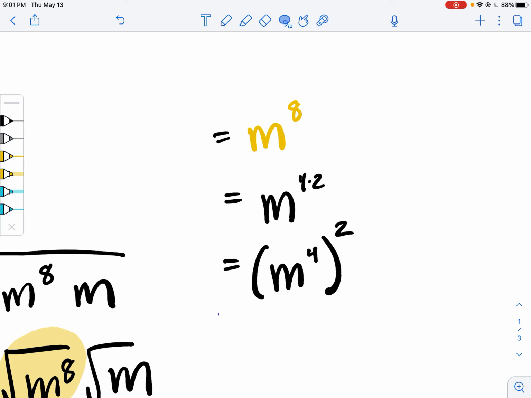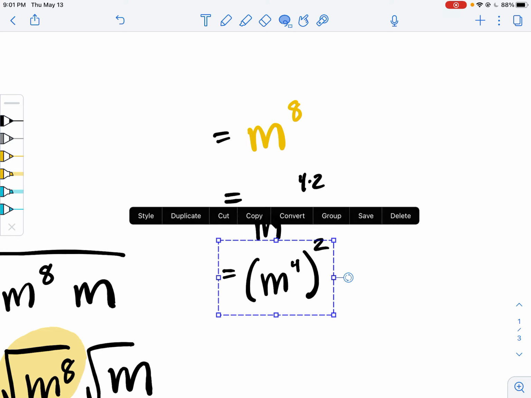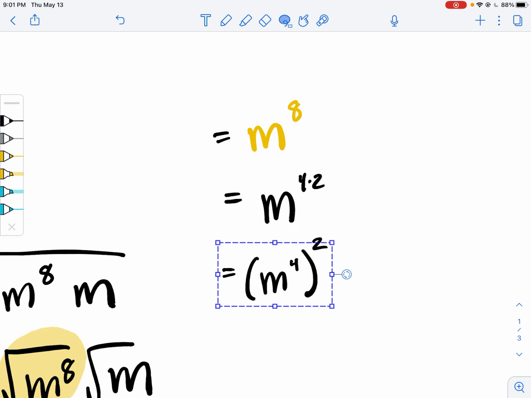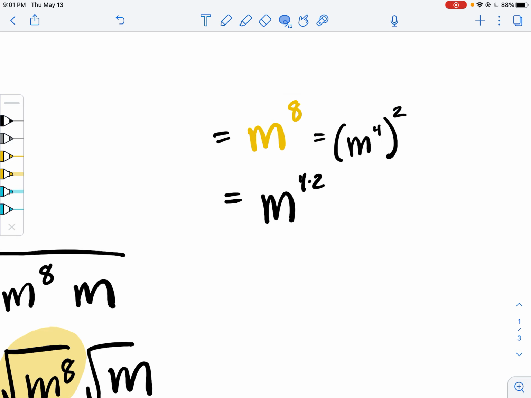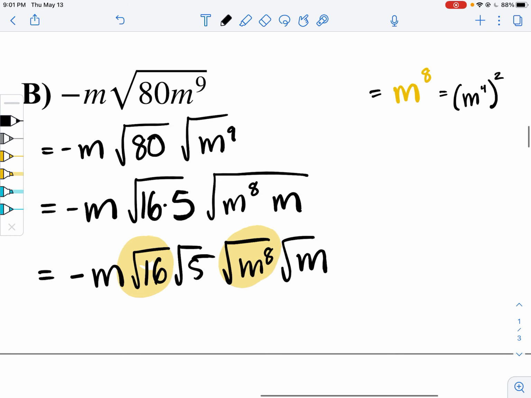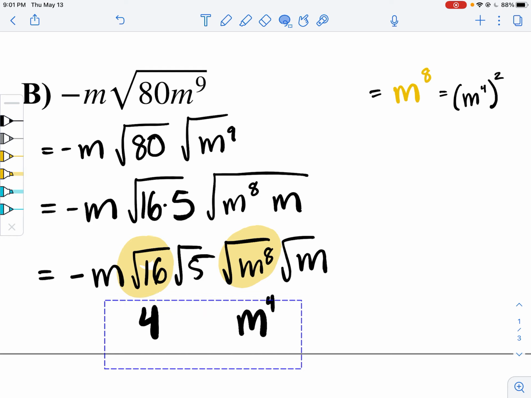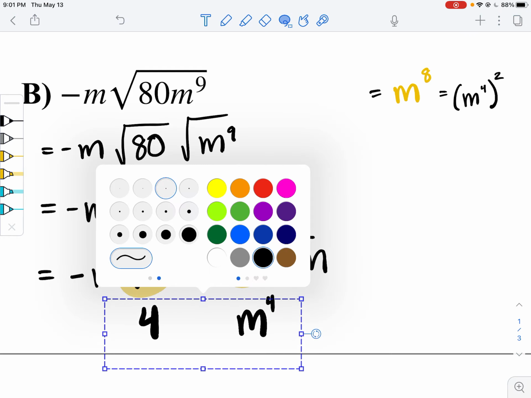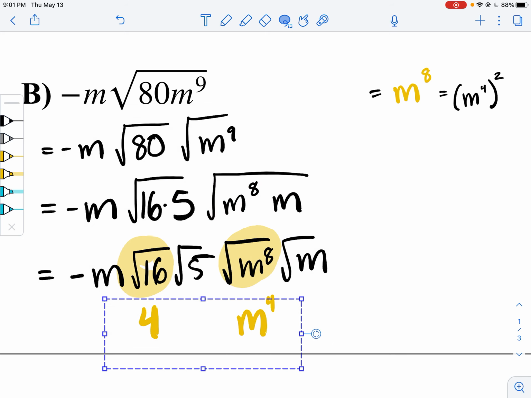So m to the 8th power is equal to something squared. Oh, isn't that super cool? So that means the square root of m to the 8th is just m to the 4th. Wow. And the square root of 16 is 4. Awesome. So that worked out real nice.